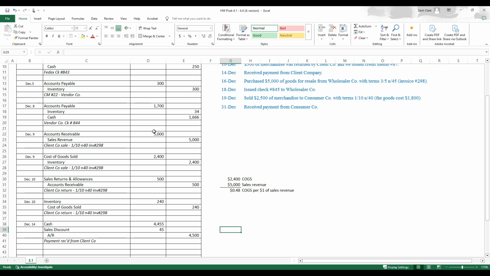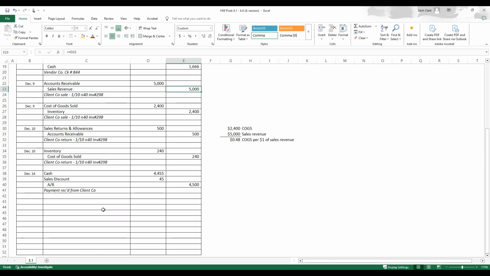Because if we just debited sales revenue, like to reverse that original entry, that would get us to the same place, but it wouldn't allow us to so easily identify how much the discount was because it would be buried in that ending sales revenue number. So just something to think about: why are we using these contra revenue accounts?